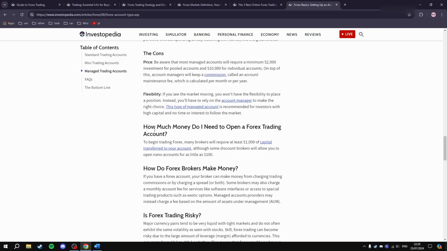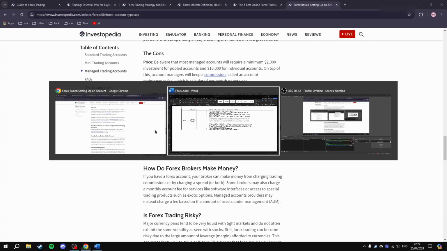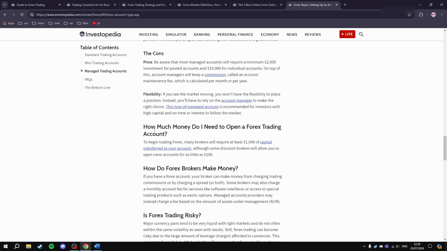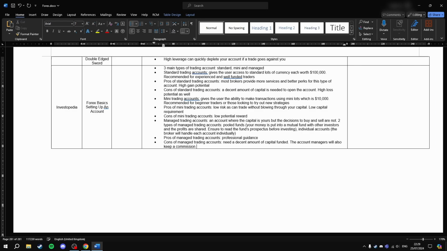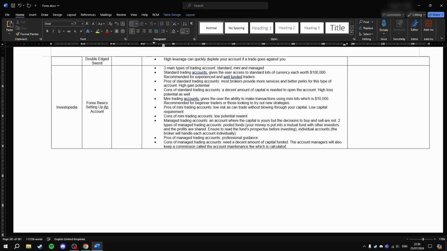On top of this, account managers will keep a commission called an account maintenance fee, which is calculated per month or per year. Need a decent amount of capital funded.